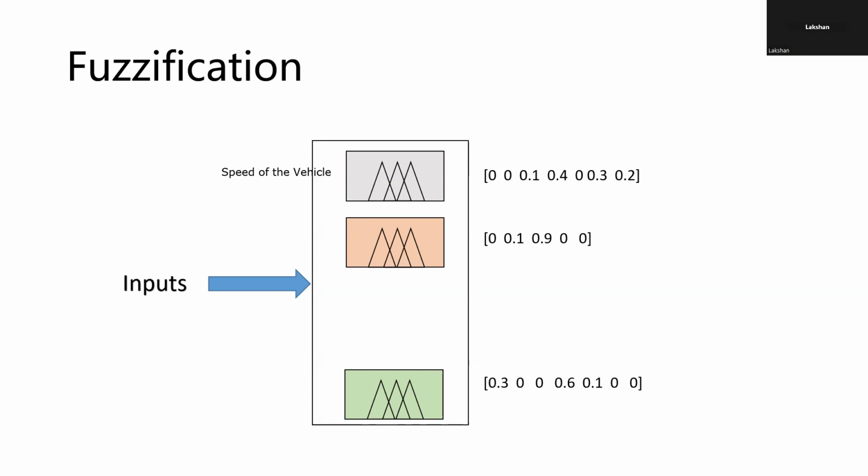Then from 20 to 45, 60 degrees, it is like a little bit higher bend. Then it comes to 90 degrees. It's a very large bend. Then if it goes to 180 degrees, it's a U-turn.